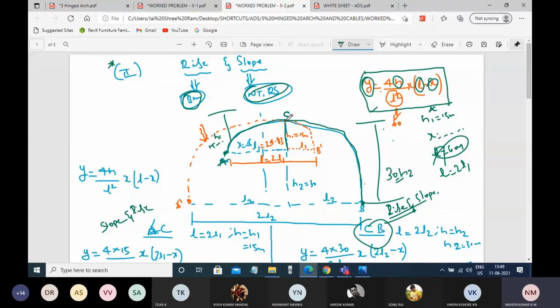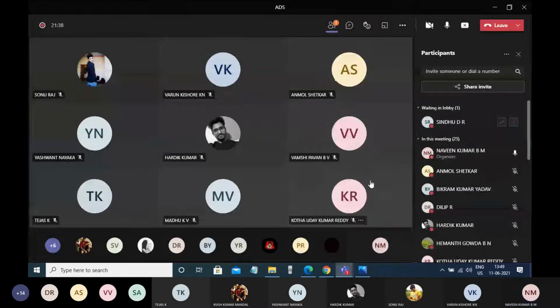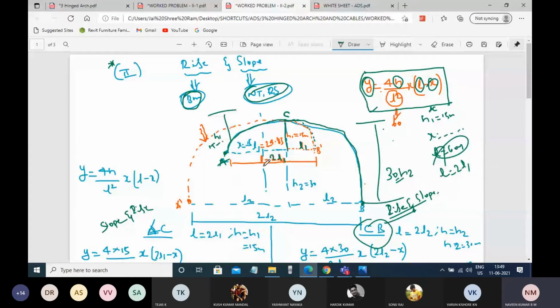That means I have considered an imaginary segment CB dash, where the horizontal distance from C to B dash is L1. If I add these two, you'll get 2 times L1. You should be very, very careful in this.